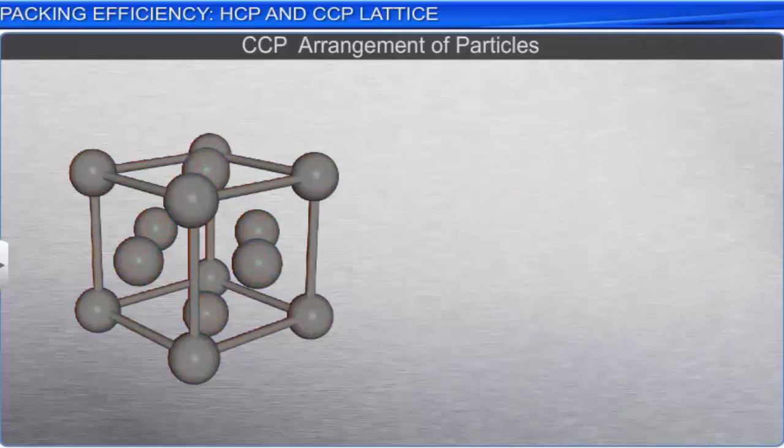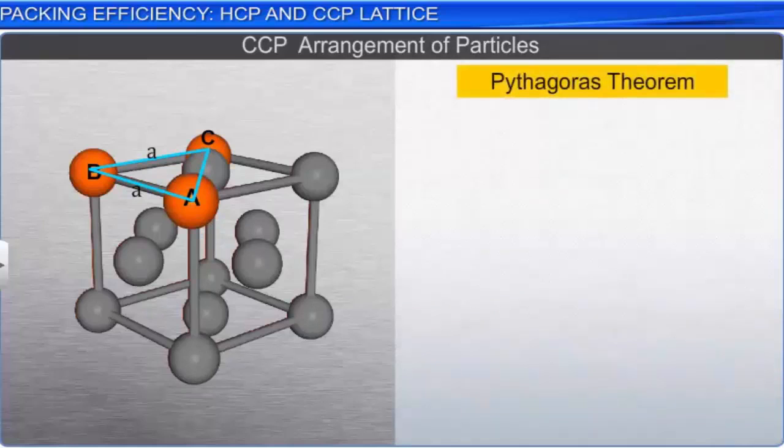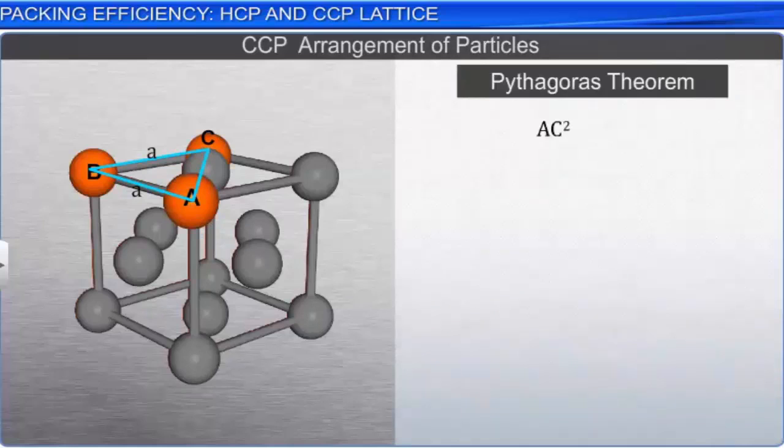Let spheres A, B, and C lying on the unit cell form a right triangle, as shown here. Then, applying Pythagoras theorem, we get AC square is equal to AB square plus BC square. Therefore, AC square is equal to A square plus A square, which is equal to 2A square.